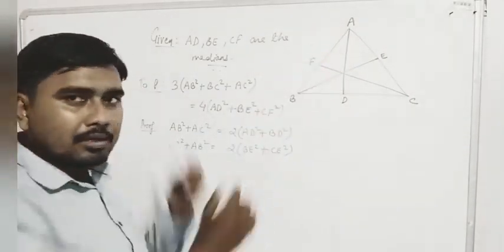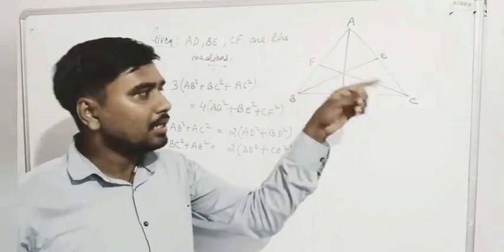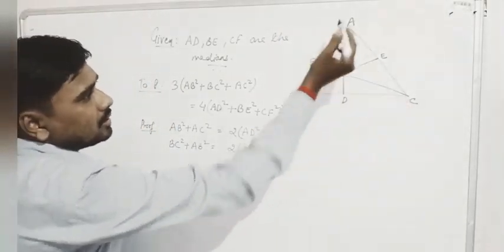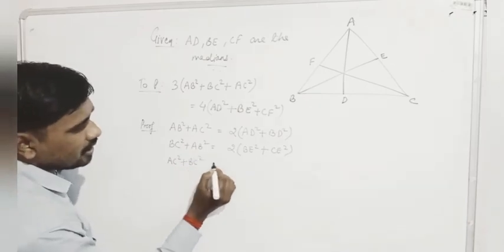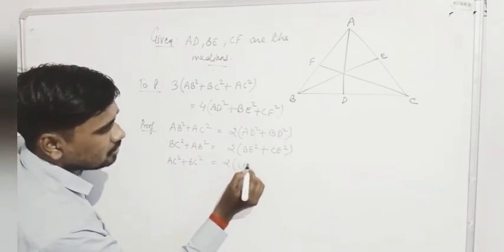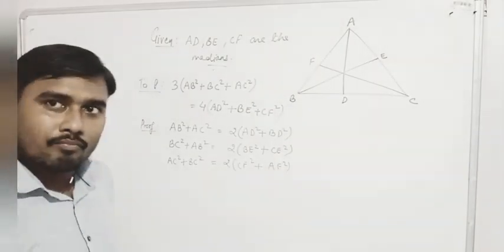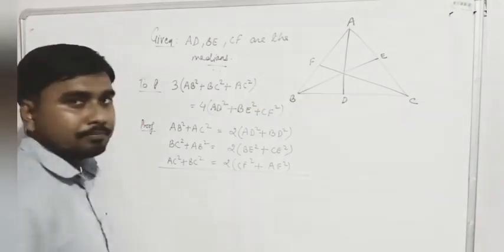First we have taken AD as a median, then BE as a median. Now we will take CF as a median. So when CF is a median, then AC square plus BC square is equal to 2 times CF square plus AF square. Now we will do the sum.